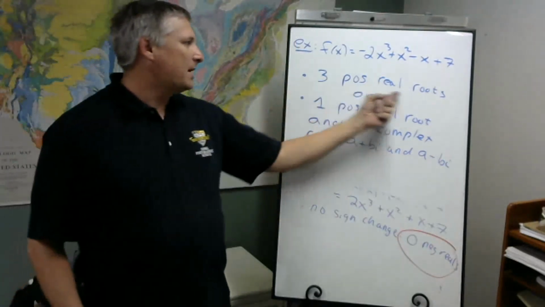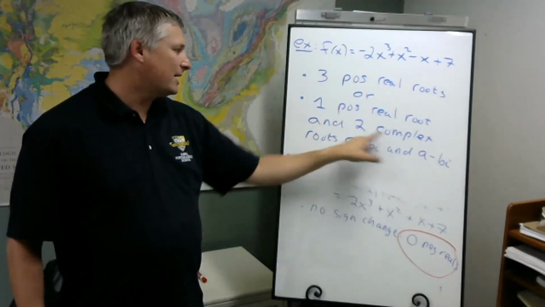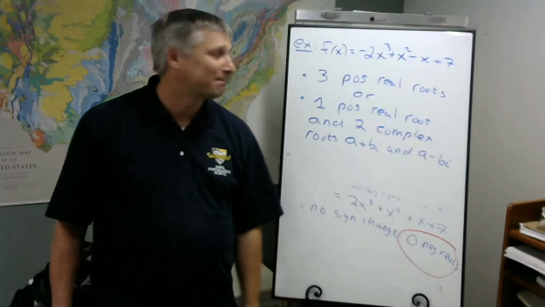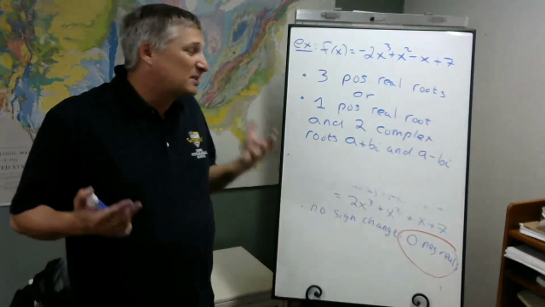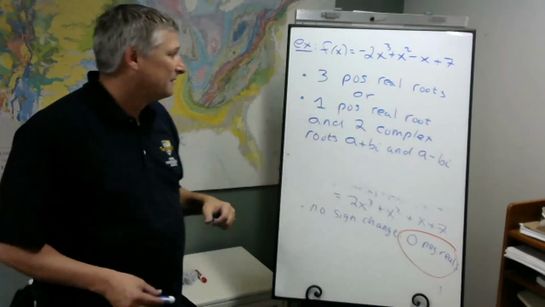So we could have 3 positive real roots or 1 positive real root and then 2 complex roots, a plus bi, a minus bi. And that gives us some insight possibly to what could be going on here.